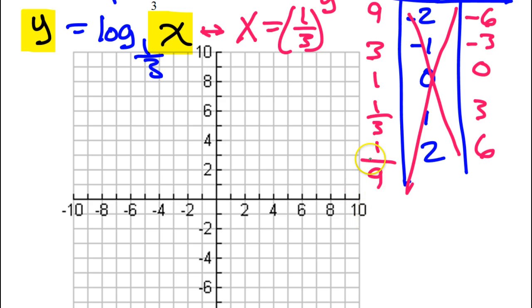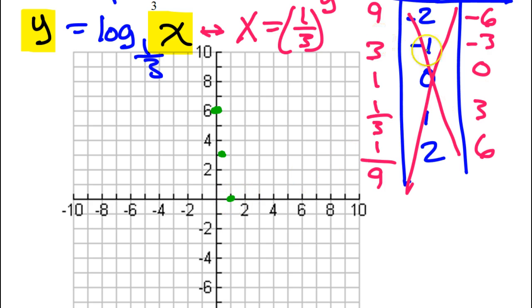Okay, so 1/9 is so small that it's basically going to be like 0. So it's kind of like having 0, 6 happening right now, okay? So this is like 0, 6 right there. 1/3, 3 would be like about here. 1, 0 would be here.